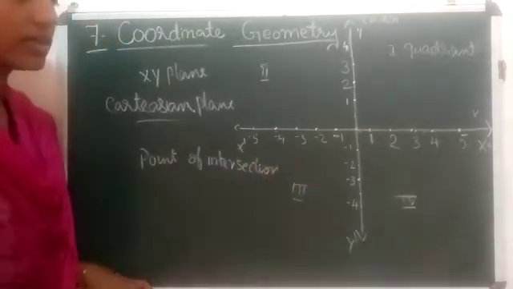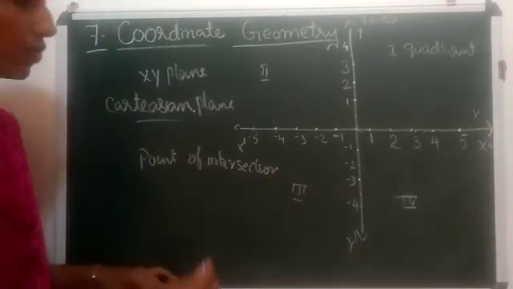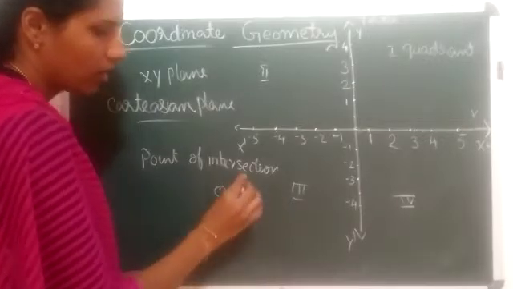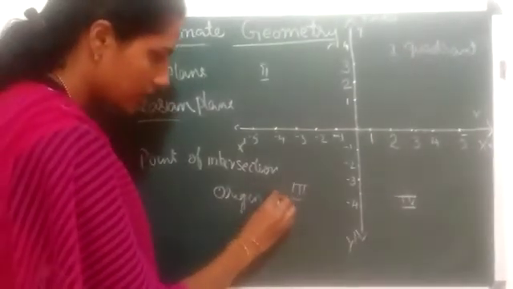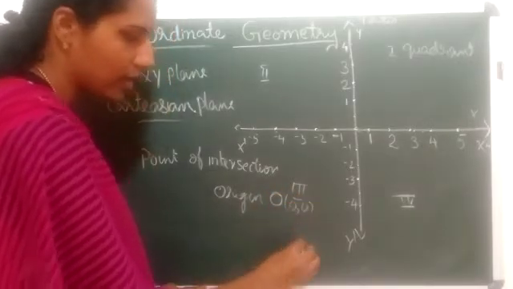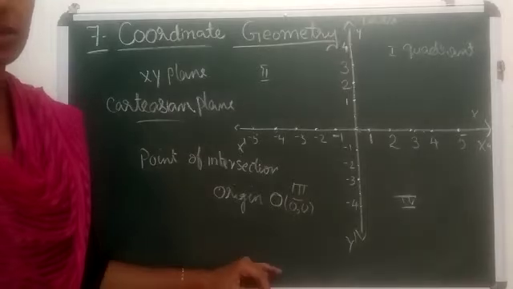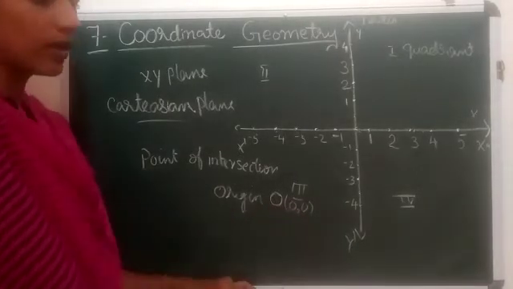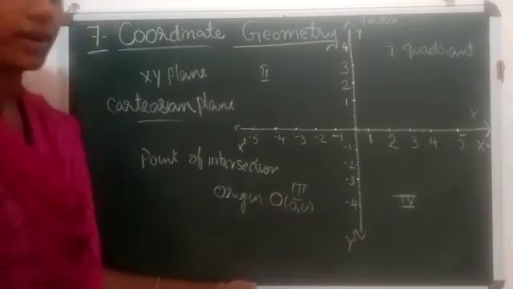This point of intersection is named the origin. We denote it by O, and it represents 0, 0. We write it like this, 0, 0. This 0 denotes the x-axis and this 0 denotes the y-axis.